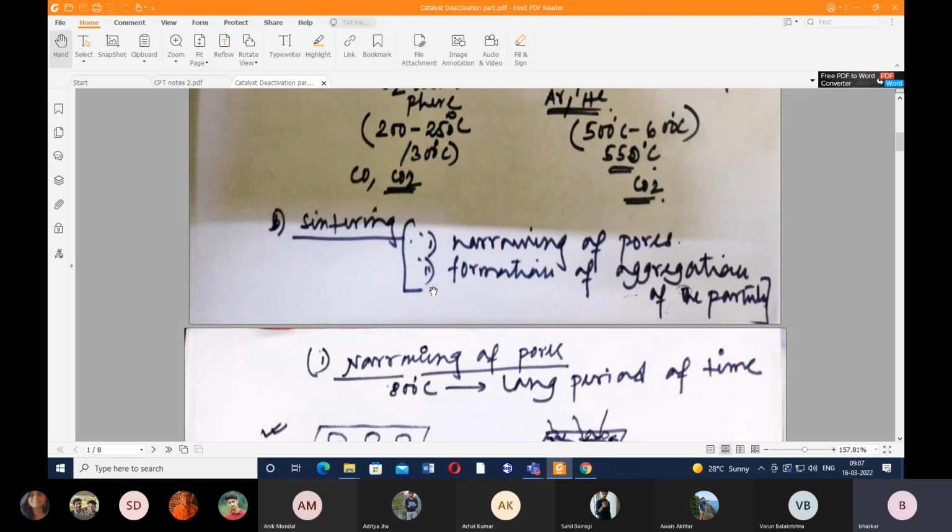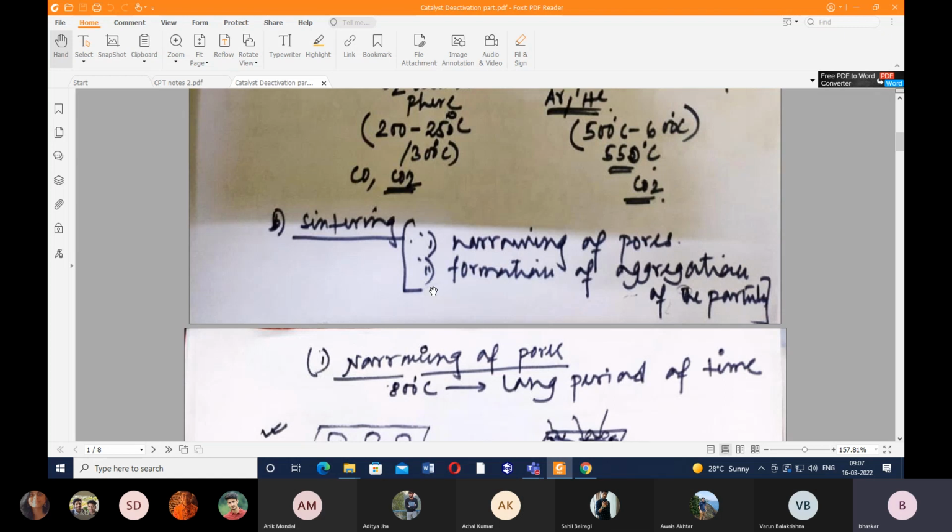So only the active metal will melt, since most reactions we carry out are below 1000 degrees Celsius in a petroleum refinery or other industries. This is called the sintering operation.